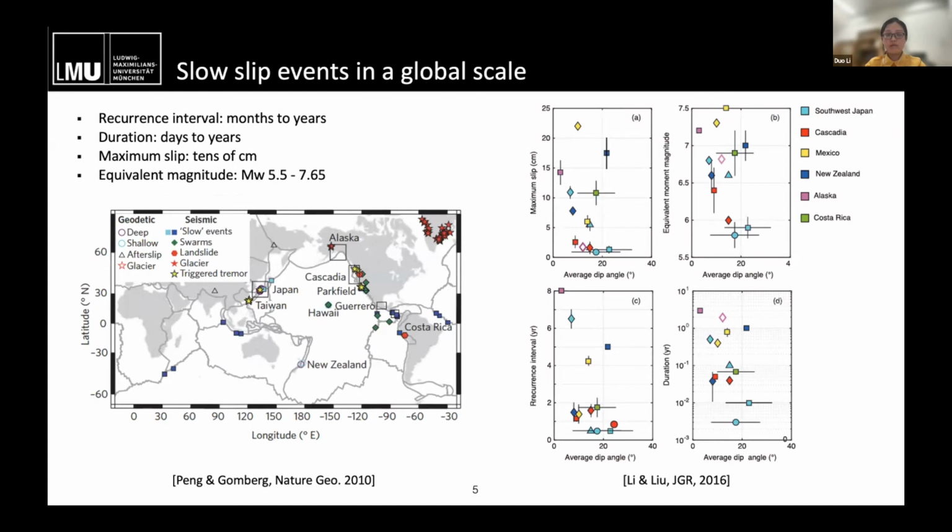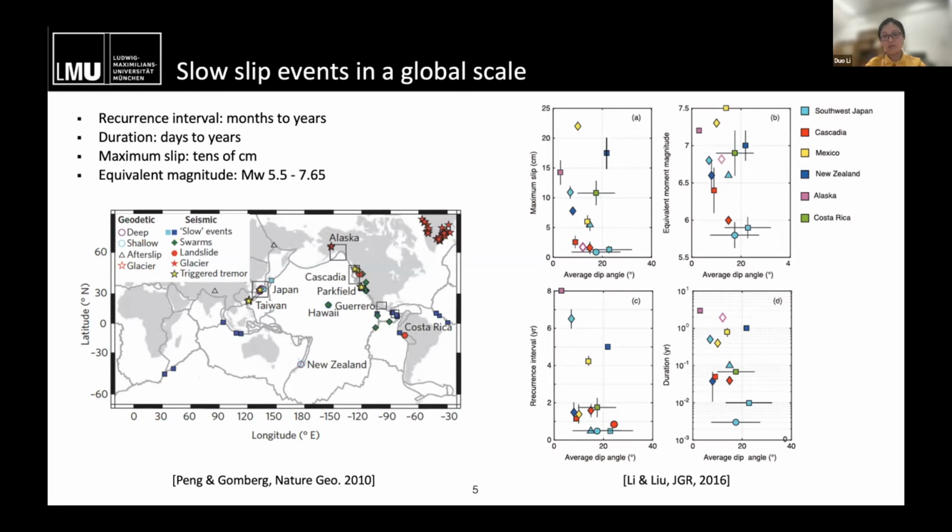We collect the source characteristics of magnitude and the recurrence interval or duration of the slow slip in each region, and we plot them together with the fault slab dipping angle. We found that there seems to be a trend of increasing magnitude or recurrence interval of slow slip with a smaller average dipping angle.